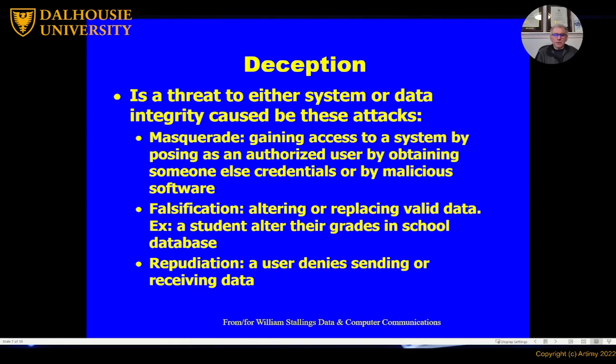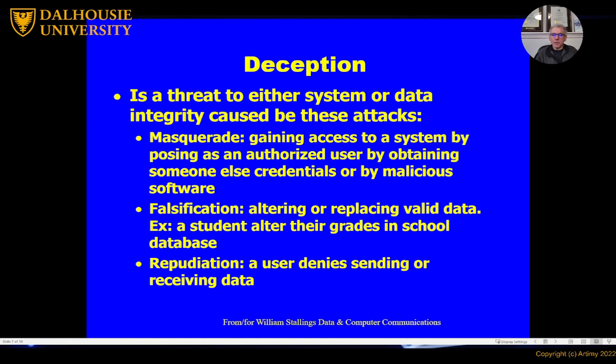Another type of threat or attack is deception. The first type of deception is masquerading or spoofing. The system or a person can pretend to be something else, can be an unauthorized user pretending to be an authorized user, and go and obtain information by getting somebody else's credentials.